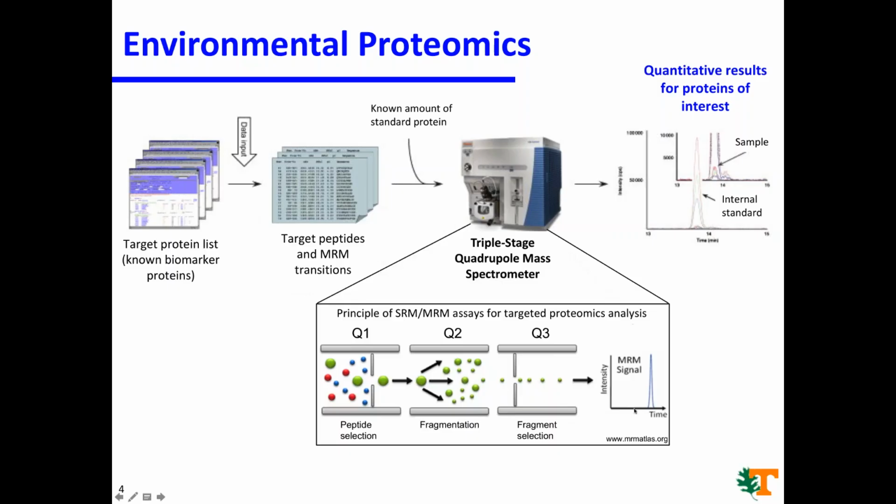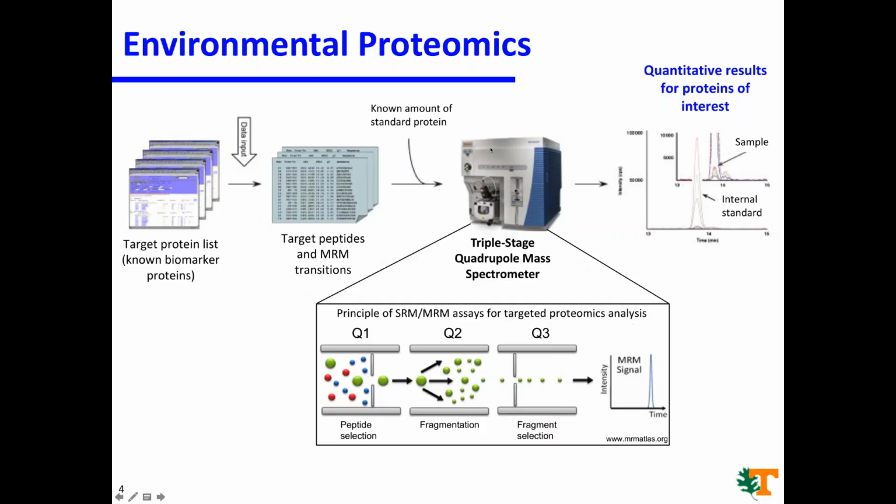And then the mass spectrometer gives us a signal for the proteins that we select for what we want to see, only reductive dehalogenases. And we can include in this approach a known amount of this particular protein of interest. What that means, we can get quantitative results. We can quantify how much of our target protein is in the original sample.